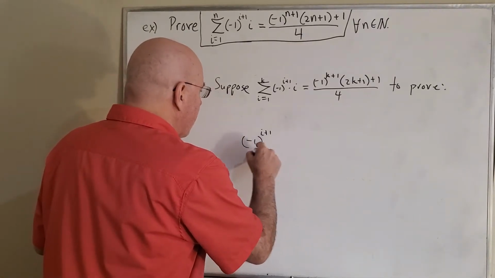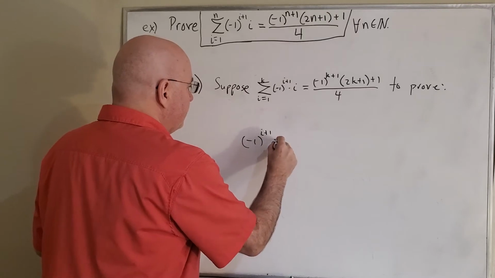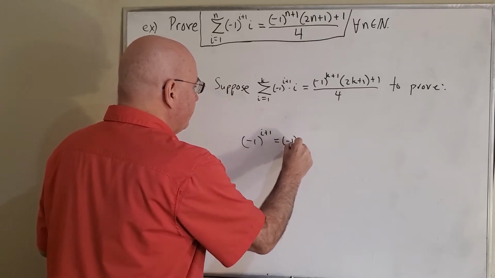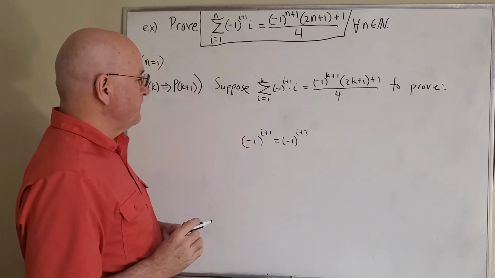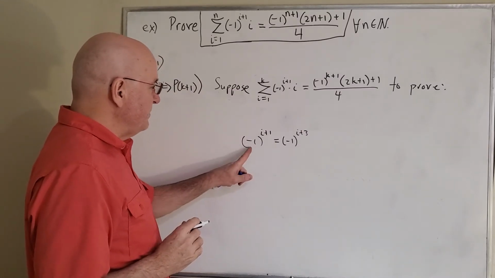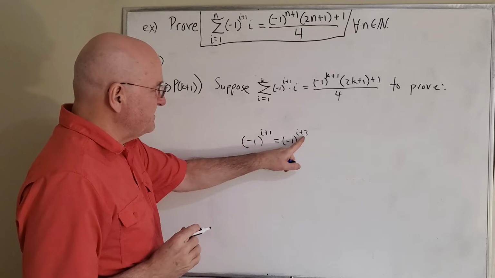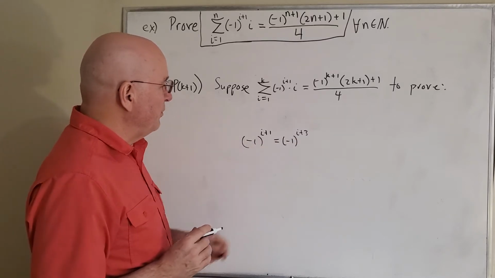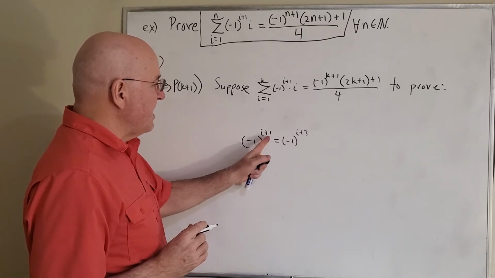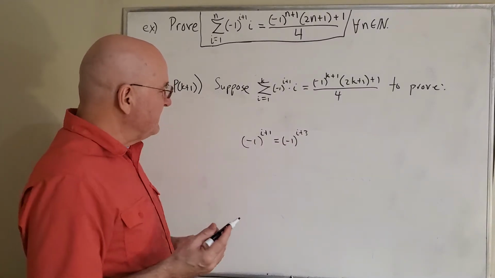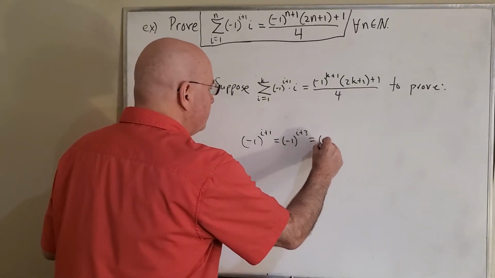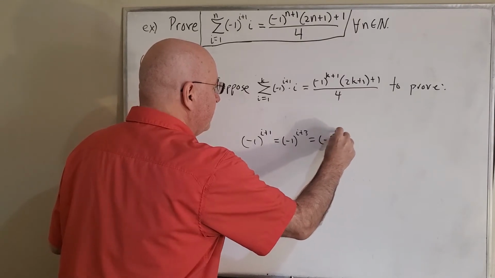So I know that -1 to the I plus 1 is equal to -1 to the I plus 3. If this is even, then this is even, and they're both equal to 1. If this is odd, then that is odd, and they're both equal to -1. So we need to keep that in mind, and this is equal to -1 to the I plus 5.